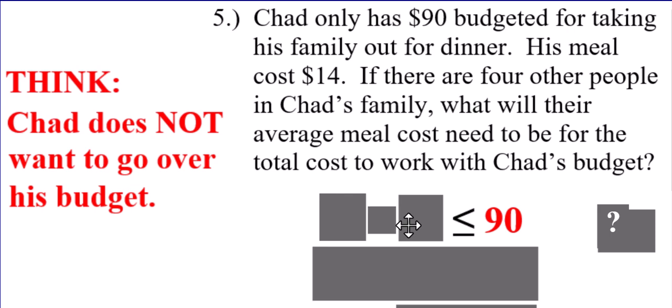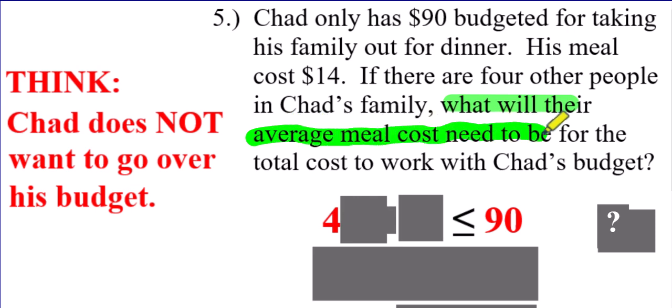Okay, did you already finish setting this up and solving it? If not, you better hit pause because here I go. We know that there are 4 other people in Chad's family. We know that his meal cost $14. So, 4 other people in his family. The unknown has to represent what their average meal cost needs to be.